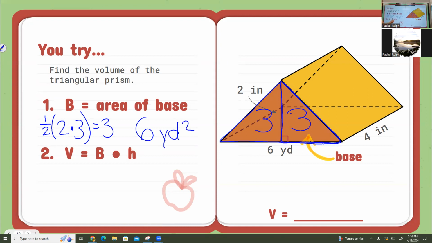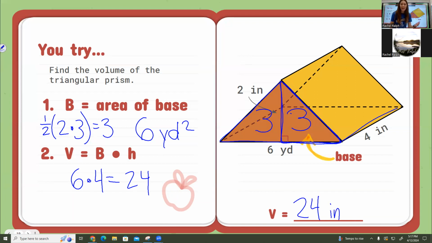Now we can use that. We have 6 times our height here, which is 4 inches. 6 times 4 is 24. So our total volume is 24 inches. Oh, goodness gracious.